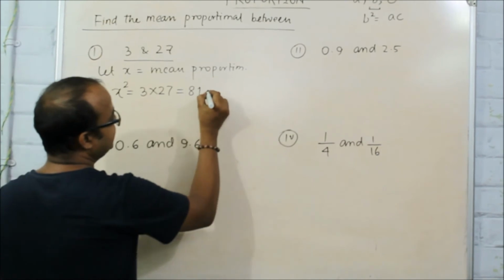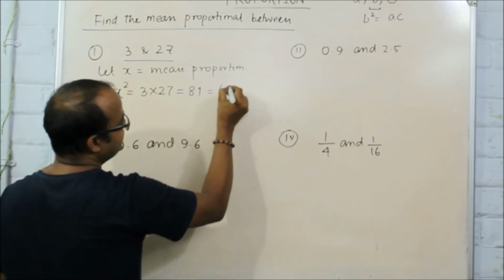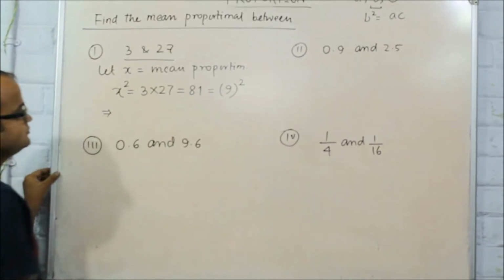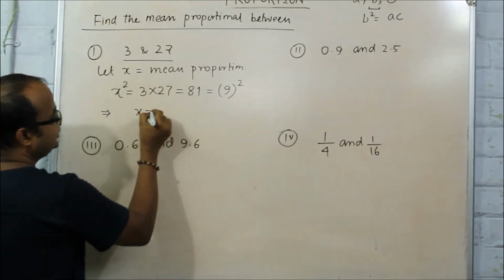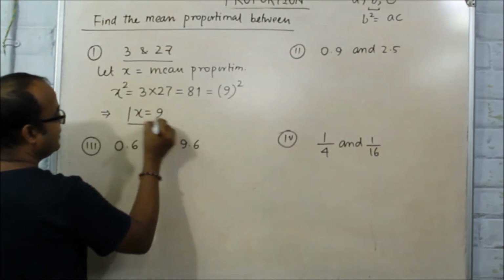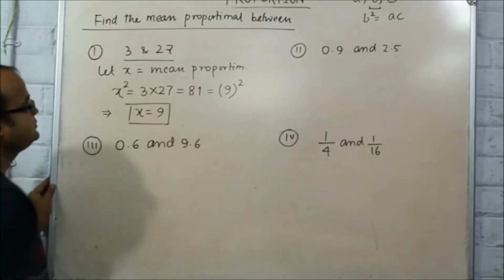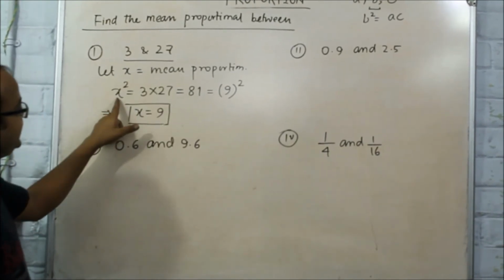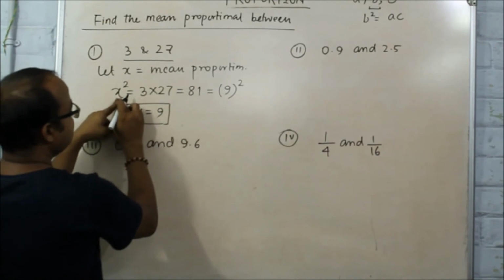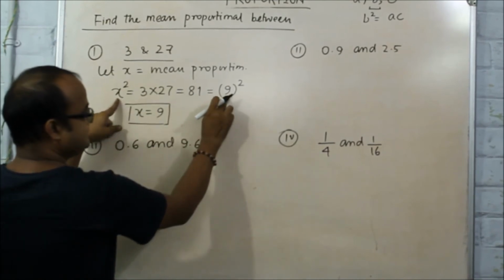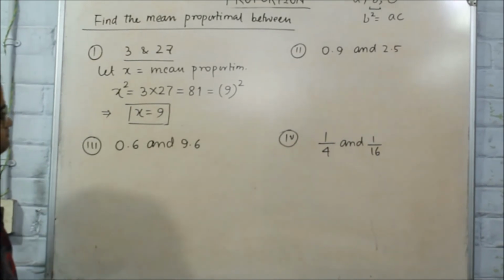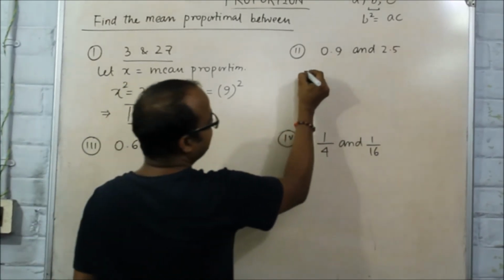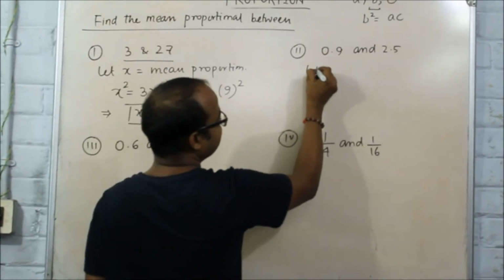So 81 means, can we say this is 9 square? Yeah? So we can say x is equal to 9. If you compare both sides, in place of x there is a 9. So we can say that it implies x is equal to 9.